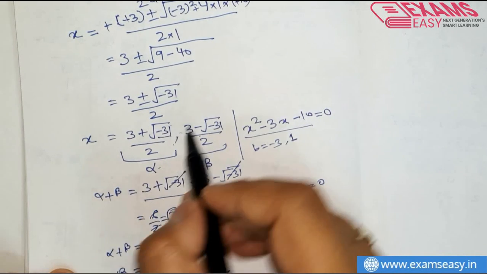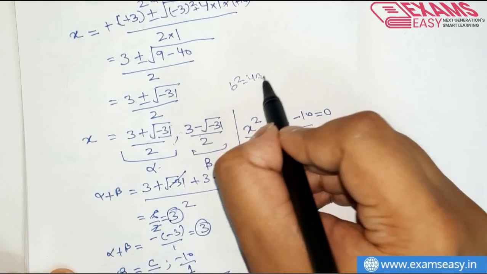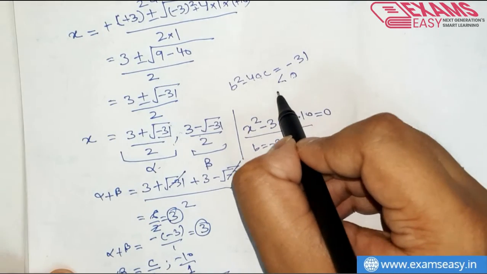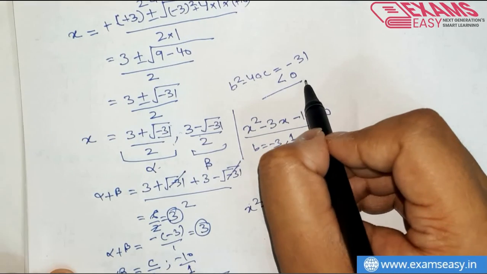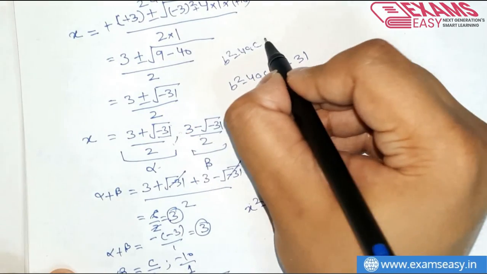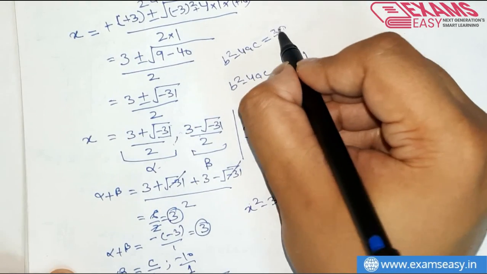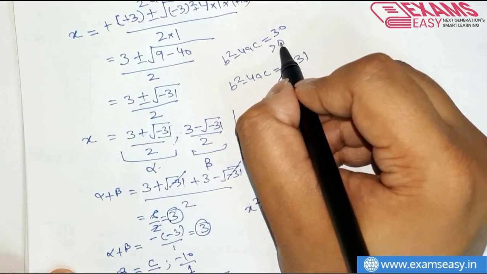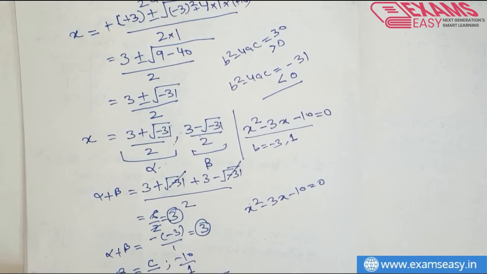That means b square minus 4ac comes out to be minus 31, which is less than 0. So its roots are imaginary. When b square minus 4ac is equal to 30 or any positive value, it is greater than 0, which means the roots will be real. So with this you can calculate the nature of the roots and solve the problems.